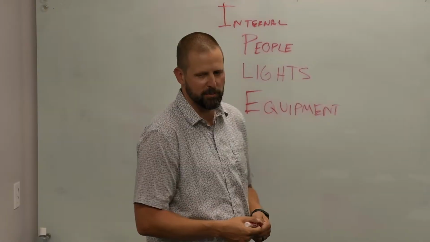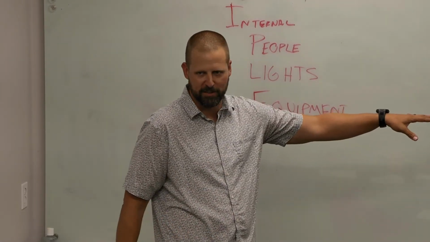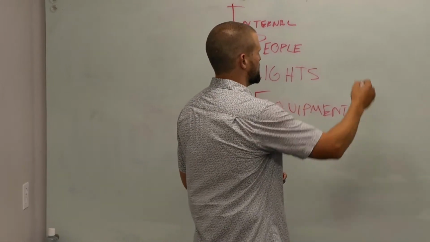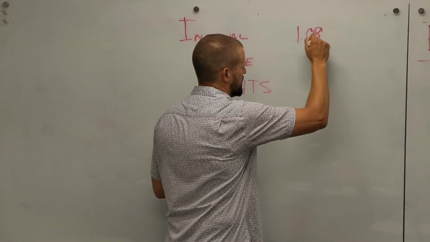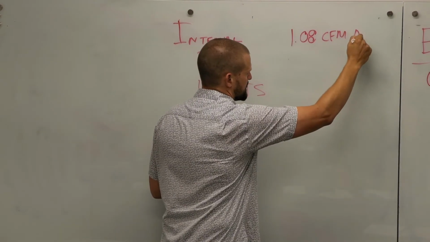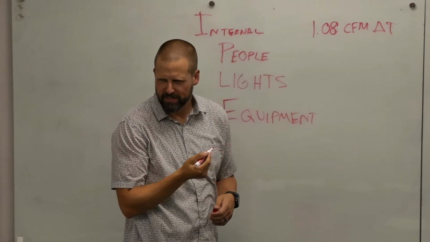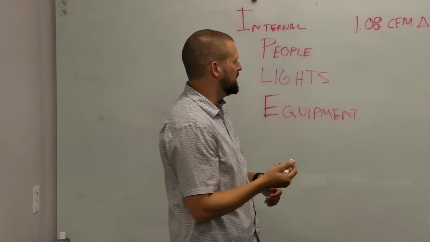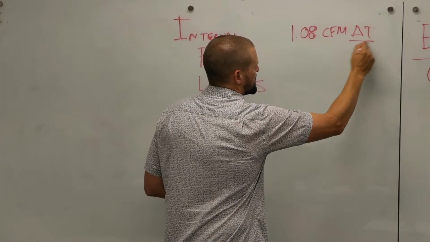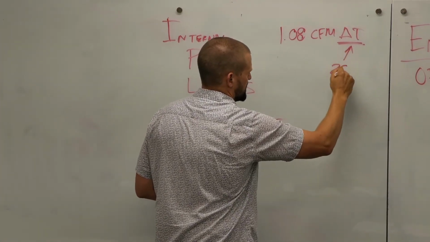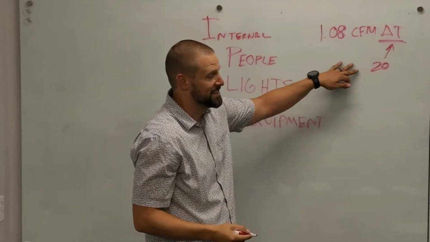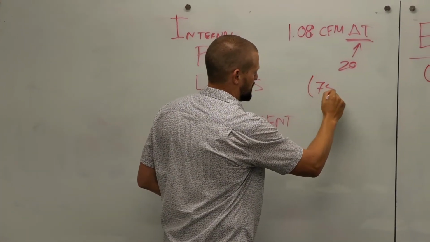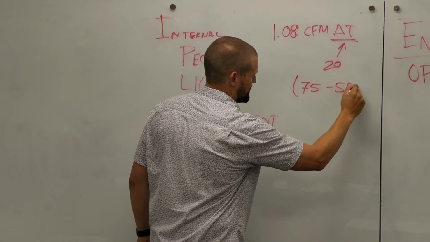We have like 4 equations that we use a lot in our industry, but the other one where we see delta T is 1.08 CFM delta T. People using 1.08 CFM delta T or 1.1, does that sound familiar? Yeah. Typically this is assumed to be 20. And this is different than what we're talking about, but this is the difference between the room set point and the supply temperature.